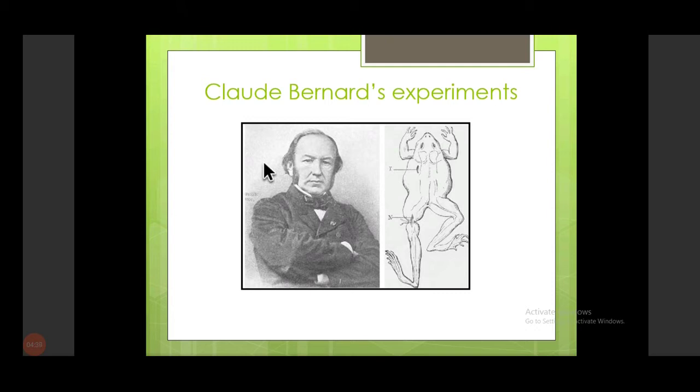In his experiments, he instilled a needle filled with curare-like drugs into a frog. Initially, he reported that the frog was jumping, and after a few minutes, the frog didn't contract or jump, and became placid.